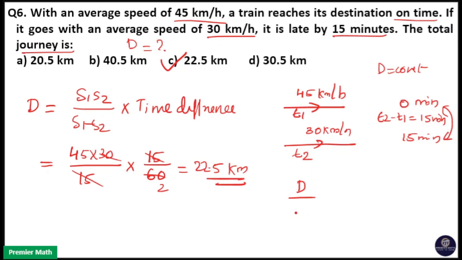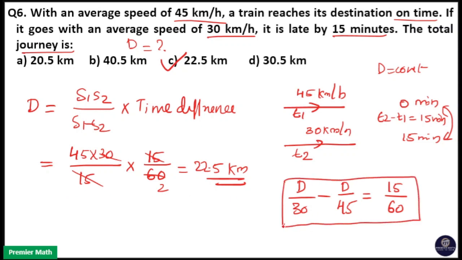Speed of second is 30, minus T1, which is D by 45, is equal to the 15 minute difference, that is 15 by 60. So if you solve this, you will get this formula: distance is equal to S1 S2 divided by S1 minus S2 into time difference. Actually, this is the actual thing, but when you solve this, you will get this formula.